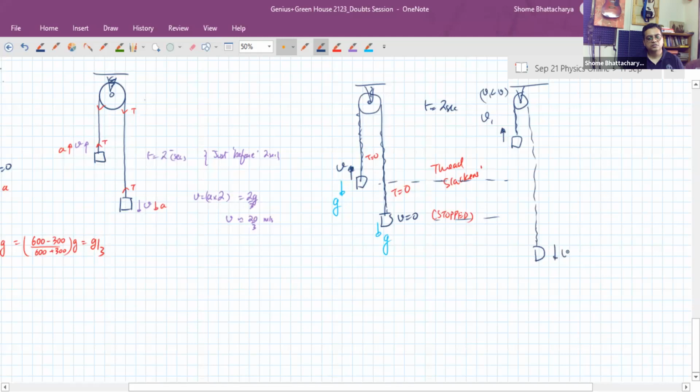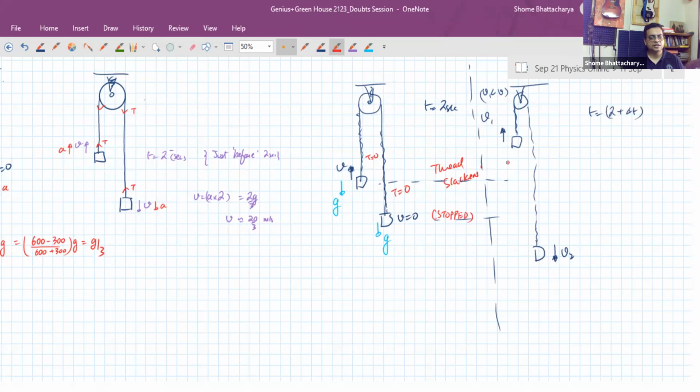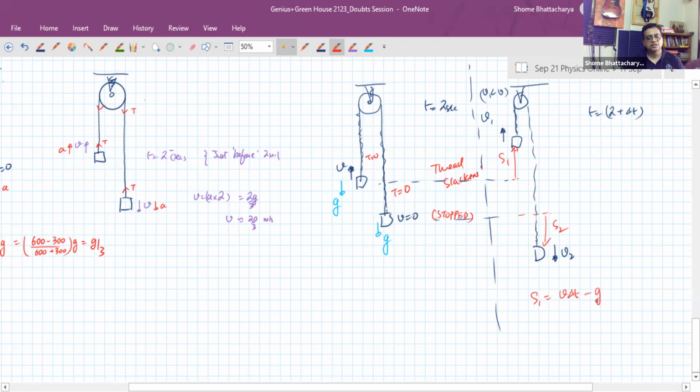So let us say this second diagram that I'm drawing now is at some time 2 plus delta t. In that time 2 plus delta t, this block has made a displacement s1 and this block has made a displacement s2. So what will s1 be? It will be v delta t minus half g delta t square.